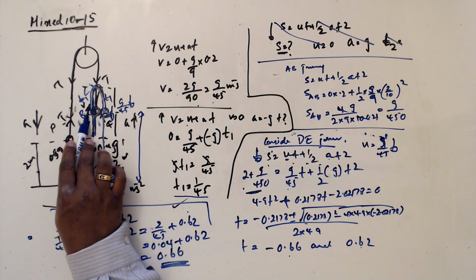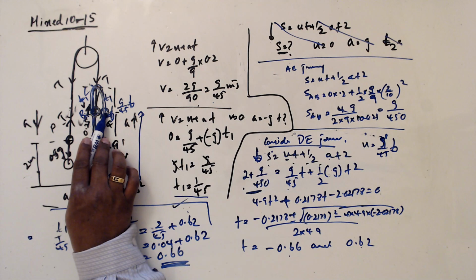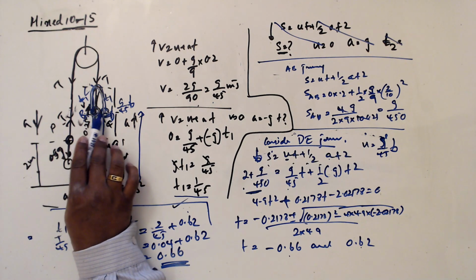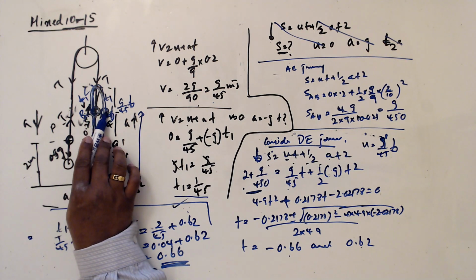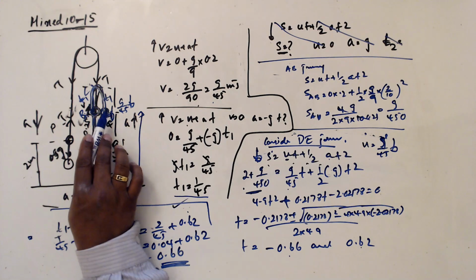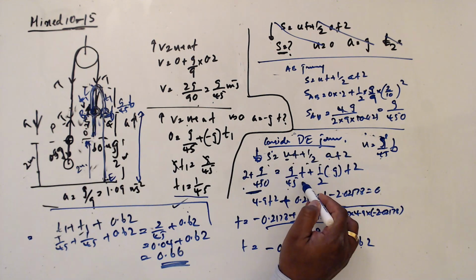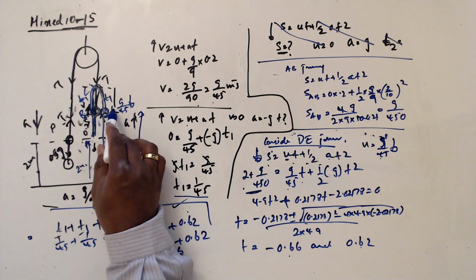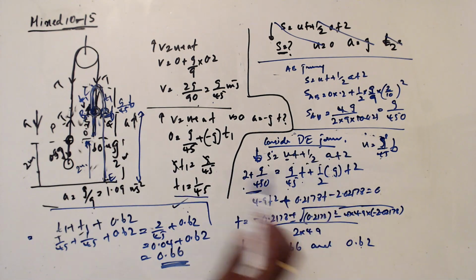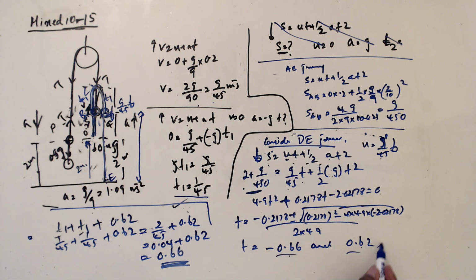The magnitude of the velocity is the same, only the direction is different. So then u is g over 45, and under acceleration, this is plus g, and we have two answers. So we take 0.68, and those two additions make 0.66.